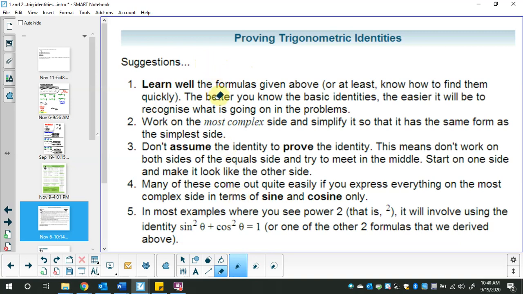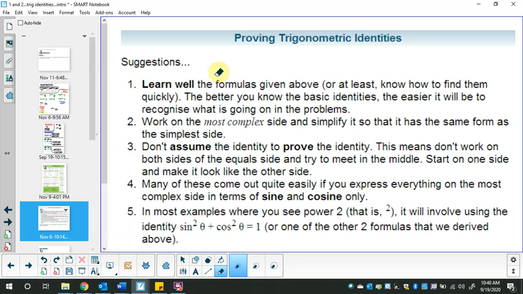But this one I agree with. It's also British, so it's got a bit of spelling differences and word order differences. So it says, learn well the formulas given above. So if you know your 17 identities, you don't have to go searching every time to see if you can use one.